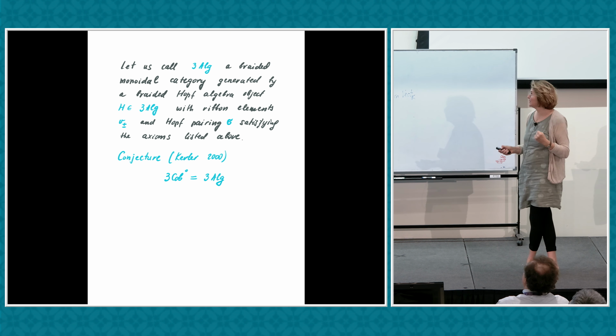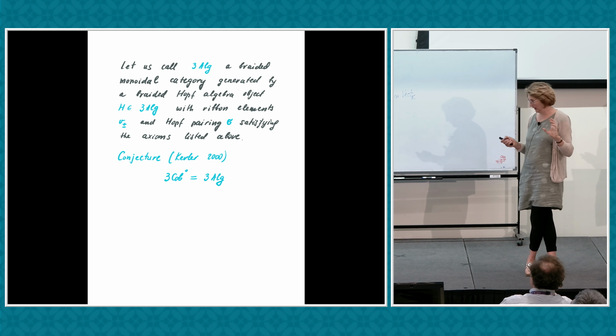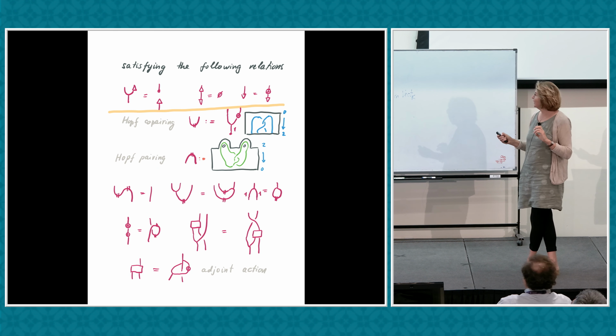This is the so-called algebraic presentation of the category of three-dimensional cobordisms. If you look at the axioms which Kerler put in his paper at that time, this relation was lacking. He didn't assume this relation on the adjoint action. I think he had some equivalent of those, but not this one definitely.